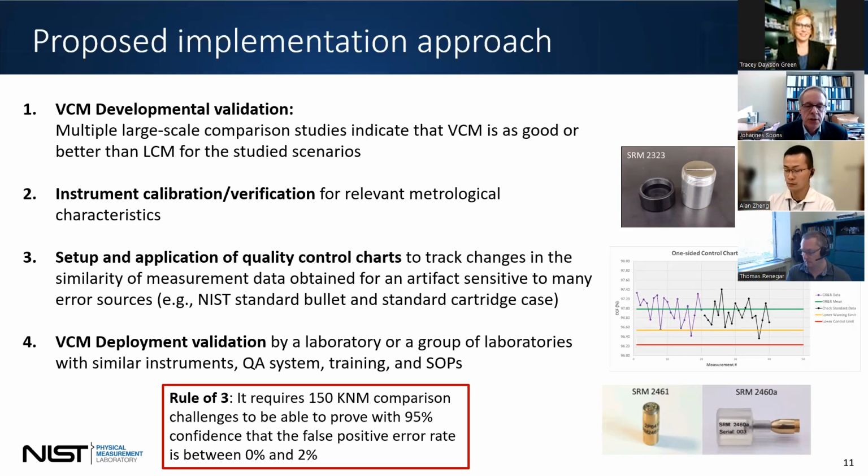But the challenge is that the statistics are working against you, because if you want to prove, for example, that your false positive error rate is between 0 and 2%, with 95% confidence, you need to run 150 known non-matching comparisons, which can be quite a lot for a small lab. So we're studying the ideas of pooling labs that have similar instruments and SOPs, and maybe other methods for deployment validation.